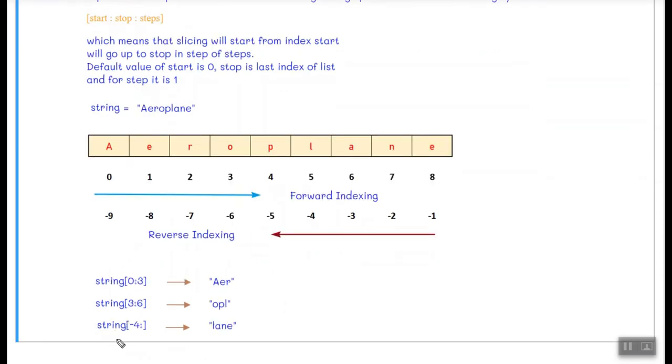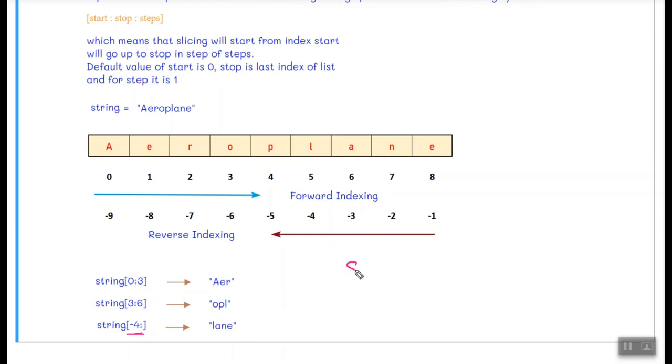One last example. Let us try to fetch the last 4 elements from the string. So we have seen the reverse indexing. Here we can mention -4 colon. Now since nothing has been mentioned after the colon operator, it goes till the end of the string.